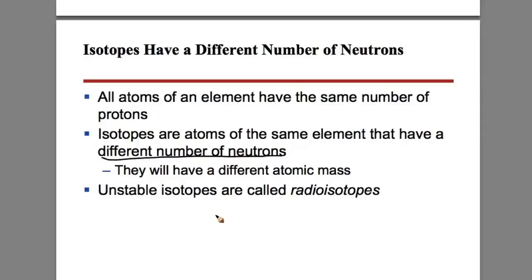Okay, some of the isotopes are unstable, meaning that they decompose over time and give off particles, subatomic particles, and these are called radioisotopes. So radioactive material gives off particles, and those are a type of isotope called radioisotopes.